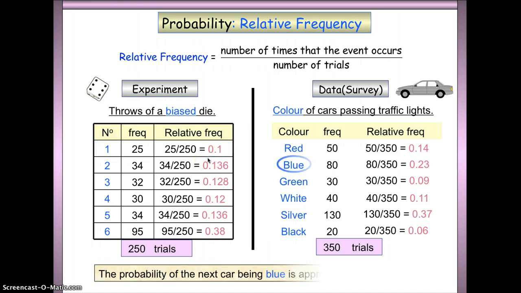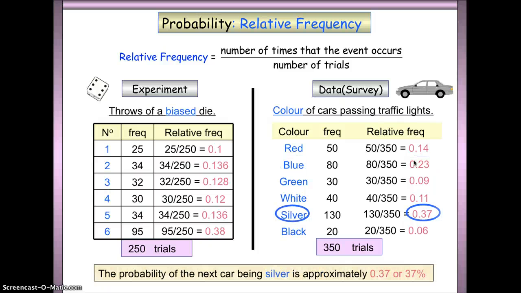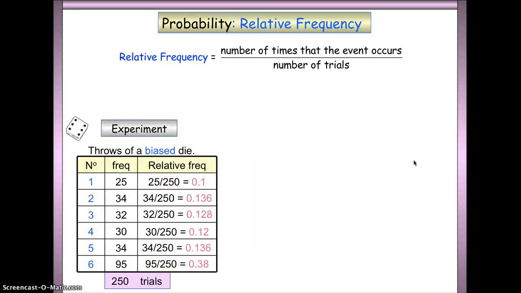On the other hand, the probability that the next car is blue is 23%. This is based upon what they have observed at a certain period of time. And then the probability of the next car being silver is approximately 37%. So this is how we interpret your data.